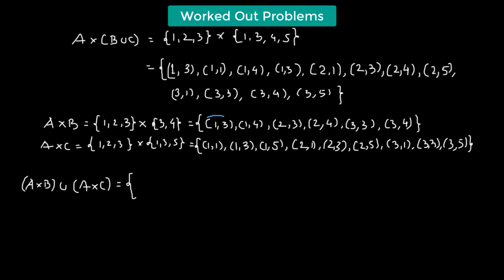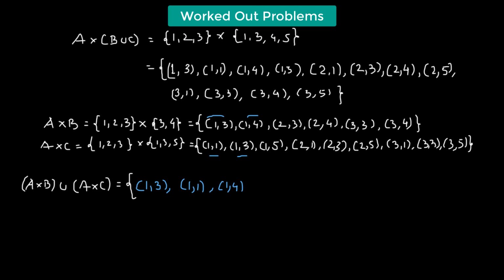Let's see if it is repeating here. Oh yeah, it's repeating. So the first value is (1, 3). Then let's pick up (1, 1). So we have (1, 1) repeating once. Then we go to (1, 4). Is it repeating anywhere else? No. So we have (1, 4).